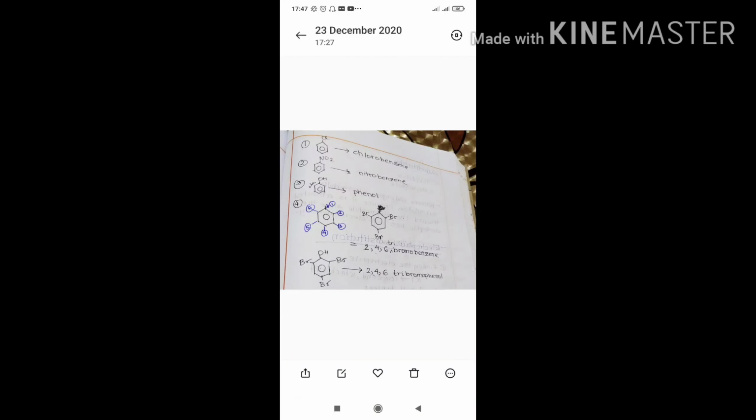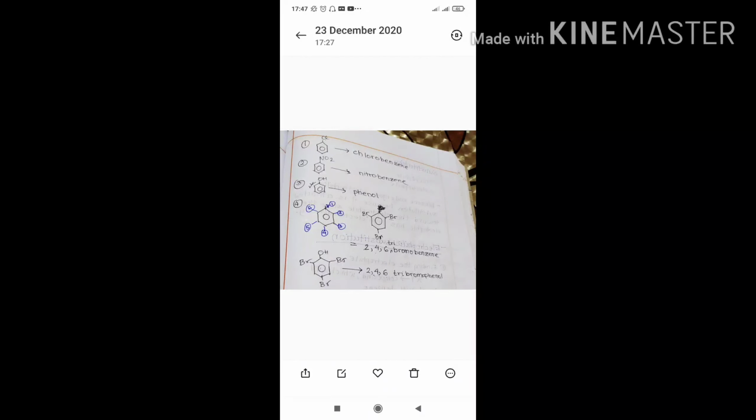Here what we can see is that I have numbered the carbons 1, 2, 3, 4, 5 and 6. When bromines are bonded to the carbons, what can we see? They are bonded with the second carbon, fourth carbon and the sixth carbon. So we could name this 2,4,6-tribromobenzene.